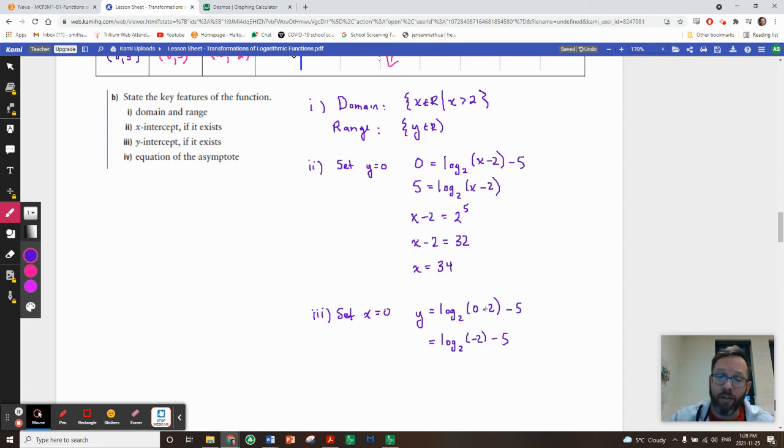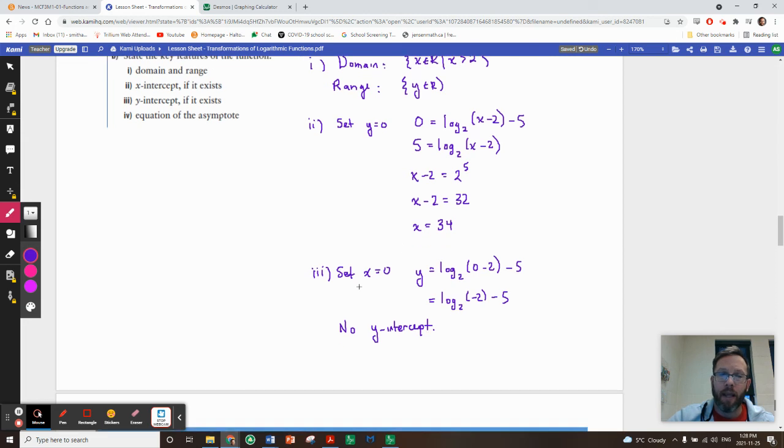No such number exists. So there is no y-intercept. Of course, we already knew that because we made the graph and the asymptote got moved to x equals 2.